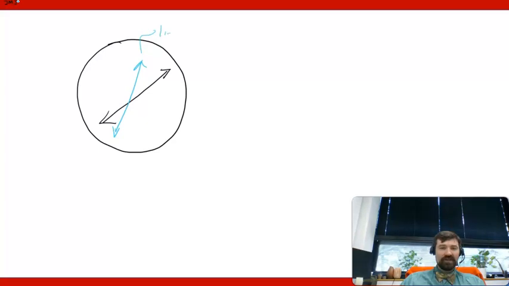So this is the light's initial polarization, and this right here represents the transmission axis for the polarizer, of course.